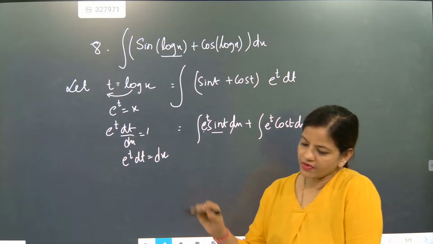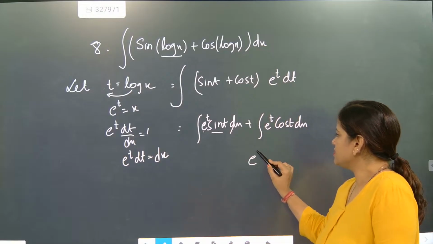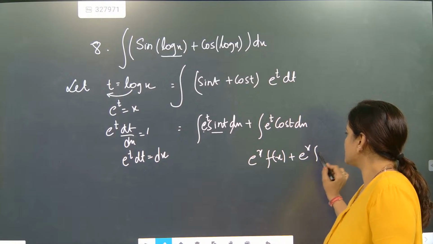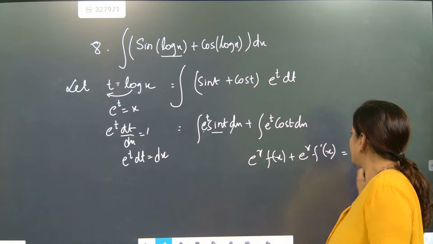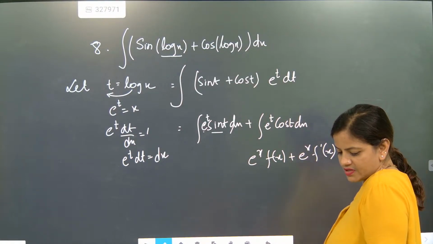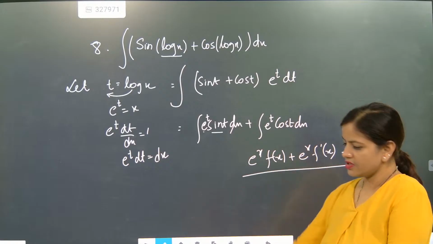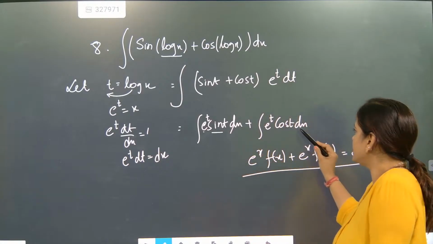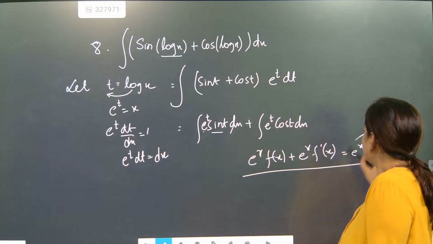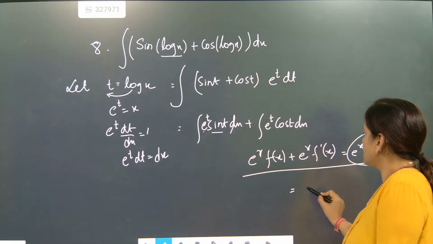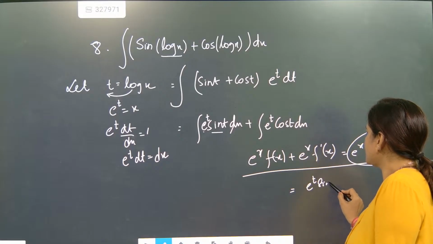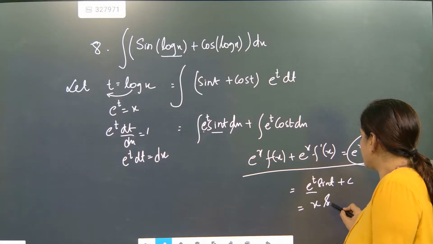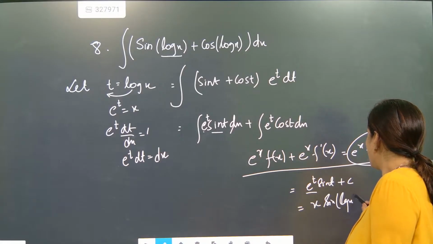So the formula is e to the power x f of x plus e to the power x f dash x is equal to e to the power x f of x. So sin x will get converted into cos x, so directly this answer will come. That is e to the power t sin t plus t, and e to the power t is coming as x sin log x plus t.